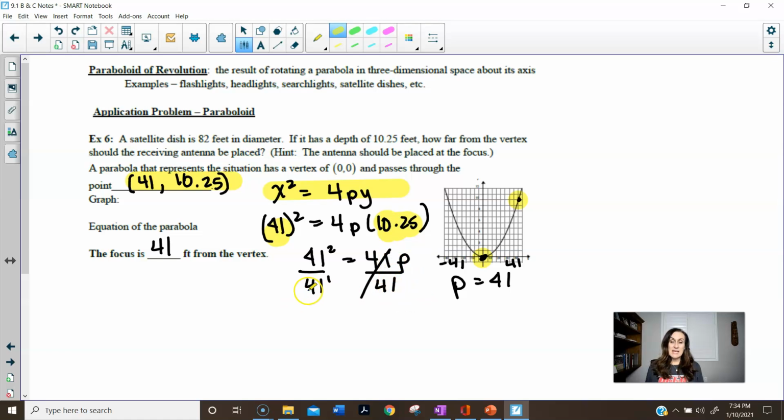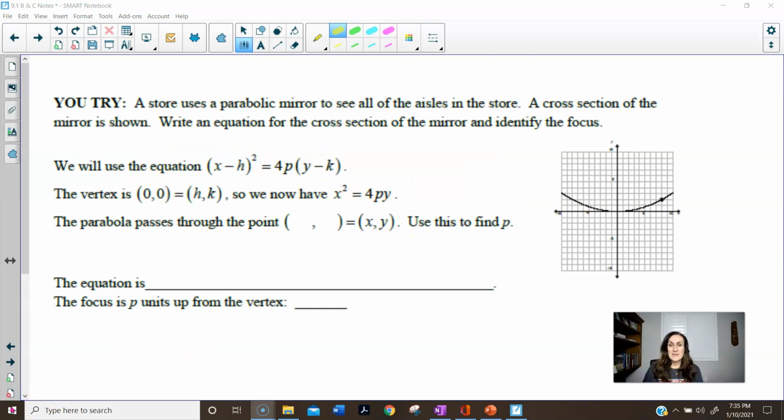When I divide both sides by 41, I decided to use the property of exponents. So 41 squared divided by 41 to the first power is simply 41. Once you know what p is, you know what the focus is, and that's 41 feet from the vertex. So that's where you want your receiving antenna to go. You're going to try it all on your own, and we'll also do it in class.